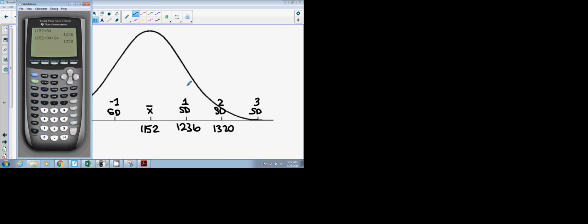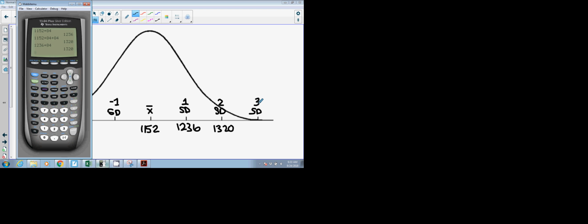Another way of finding 2 standard deviations away from the mean is adding 1 standard deviation to the 1 standard deviation score. So 1,236 plus 84. Notice either way it gets you to 1,320. All right, so to find 3 standard deviations away from the mean, again, you can do this in 2 different ways.